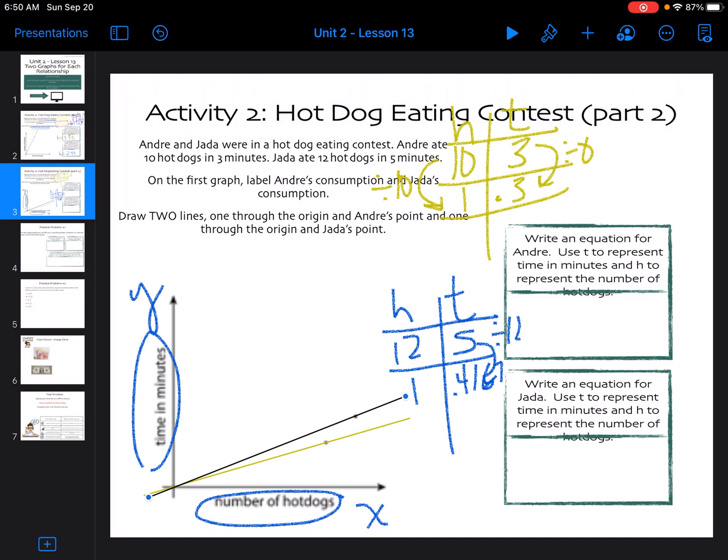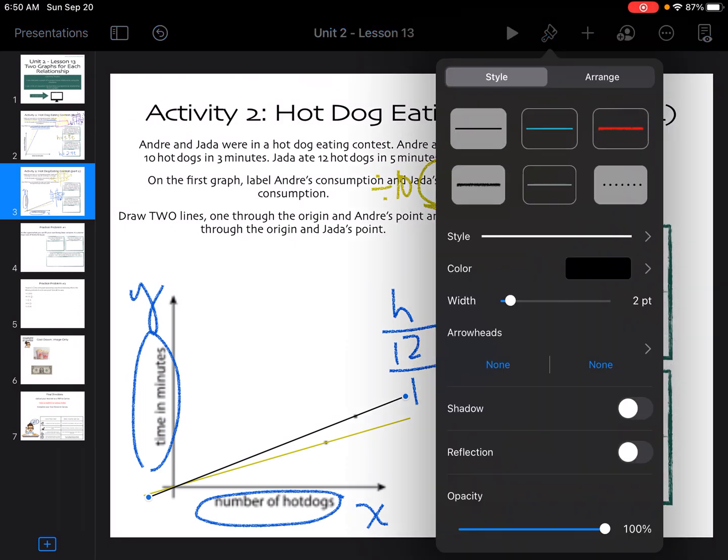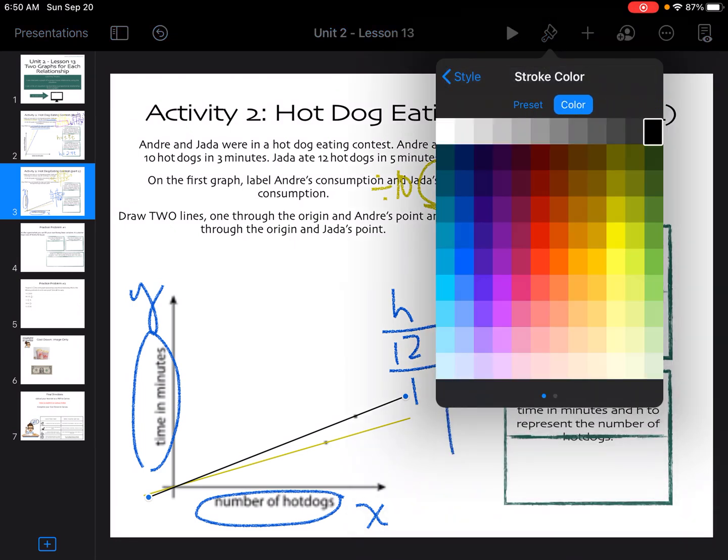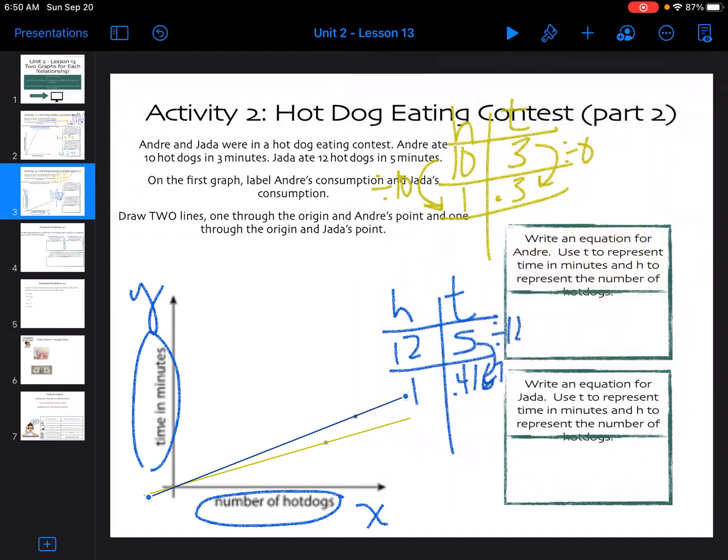There we go. So I'm going to change that one's color to that bluey color we've been using. All right, so now they want us to write an equation using T for time in minutes to represent the number of hot dogs.